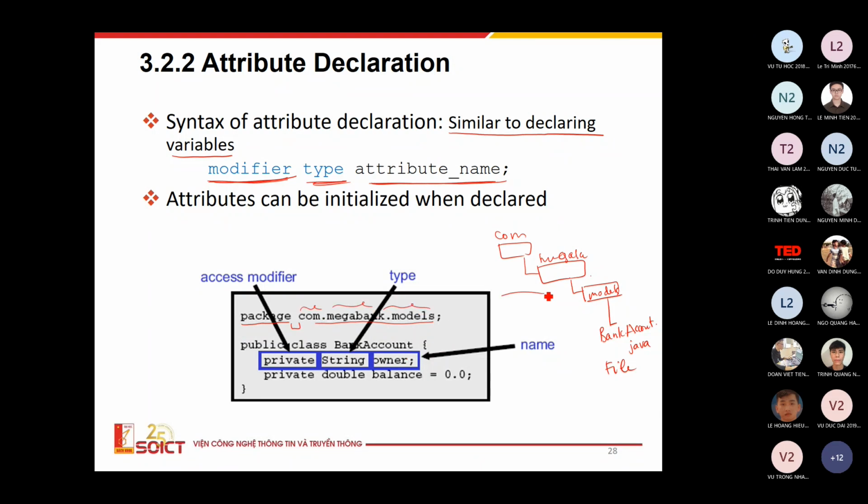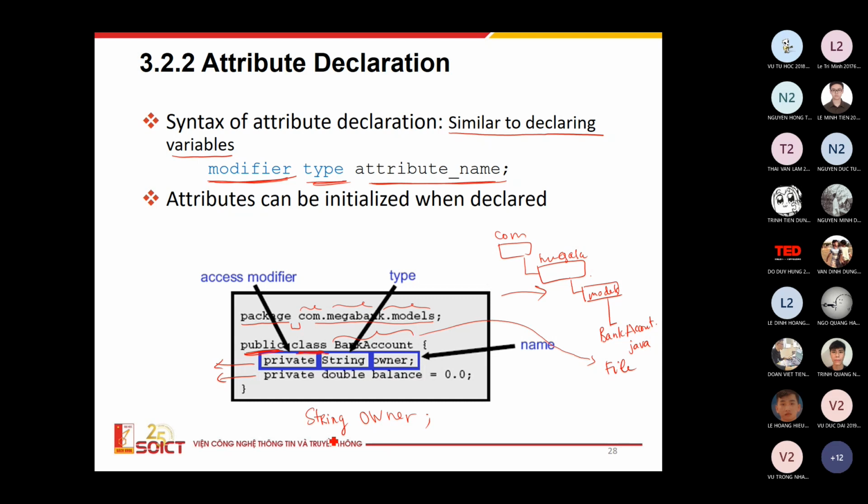From this package name, you know about the structure of the folders. This is one class, public class BankAccount, so you know it will be in BankAccount.java. And in this class, you declare the attributes. You have these two attributes. The first attribute is owner, of type String.